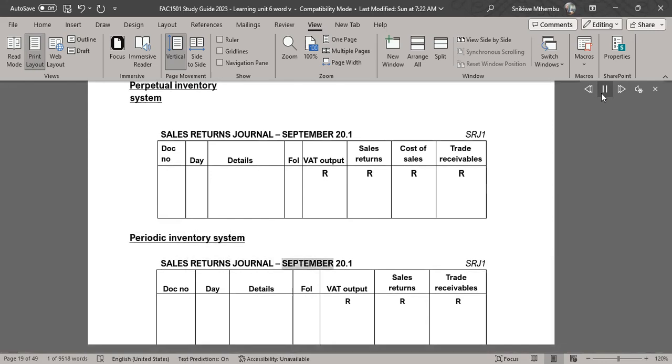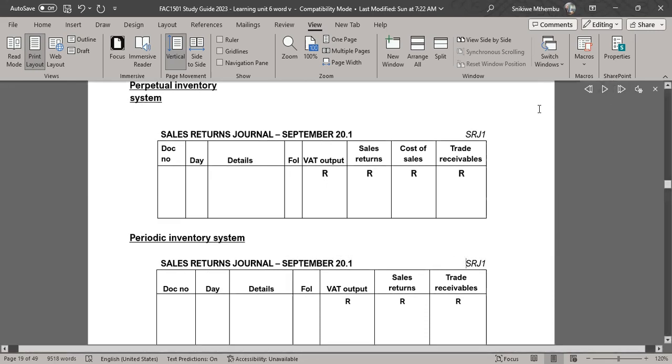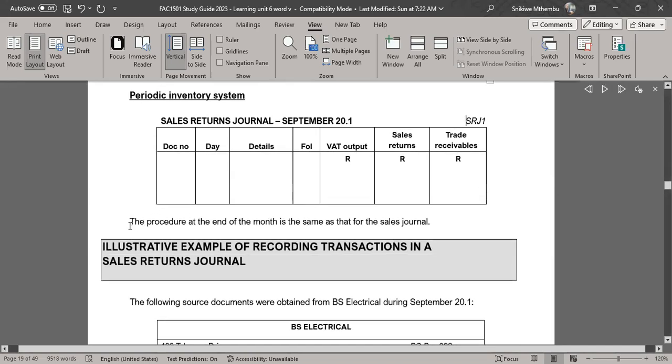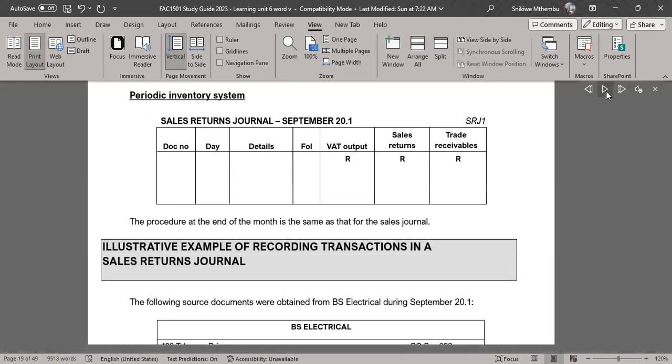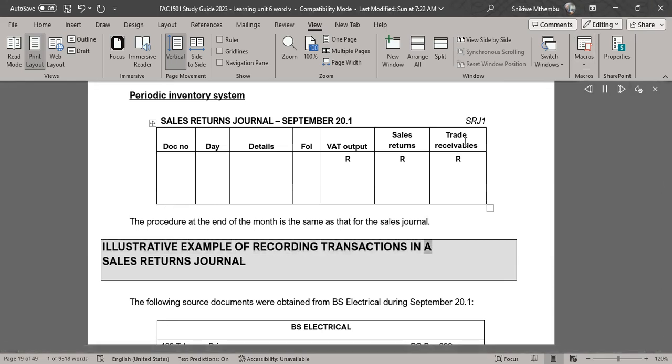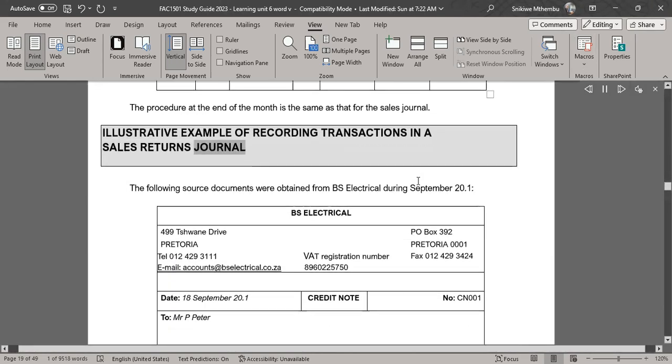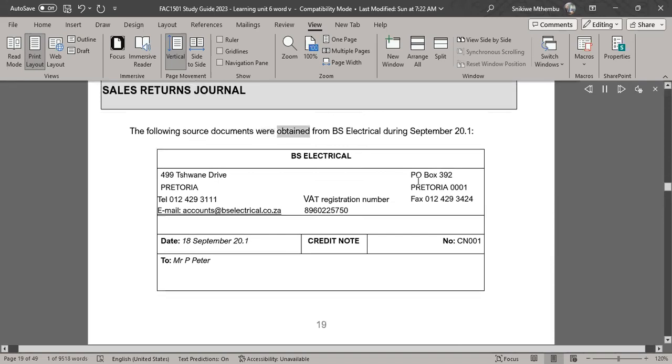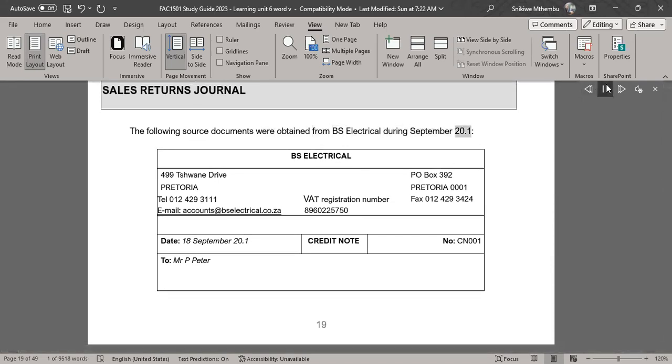Sales Returns Journal, September 20.1 SRJ1. The procedure at the end of the month is the same as that for the sales journal. Illustrative example of recording transactions in a Sales Returns Journal. The following source documents were obtained from BS Electrical during September 20.1.